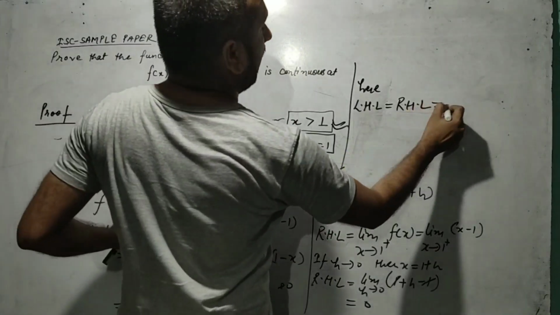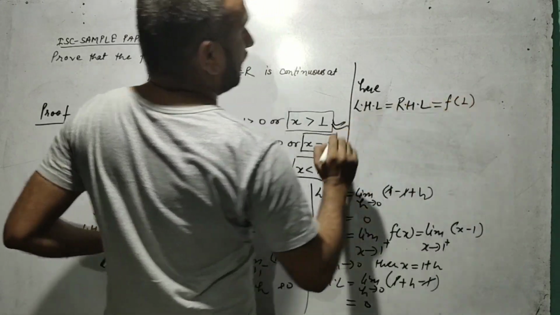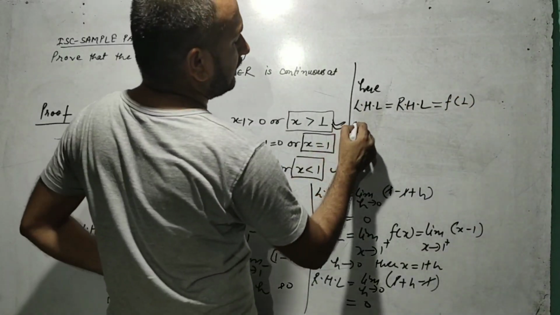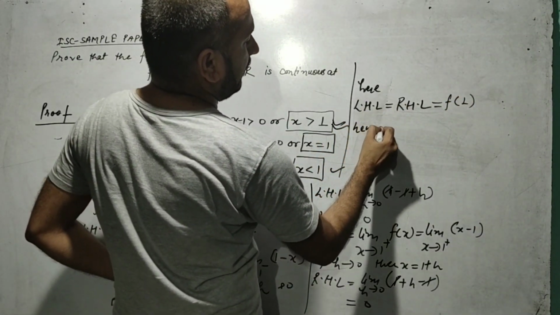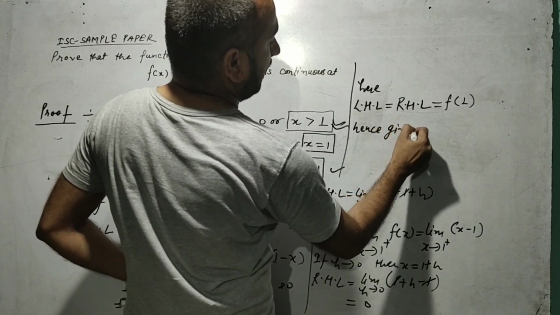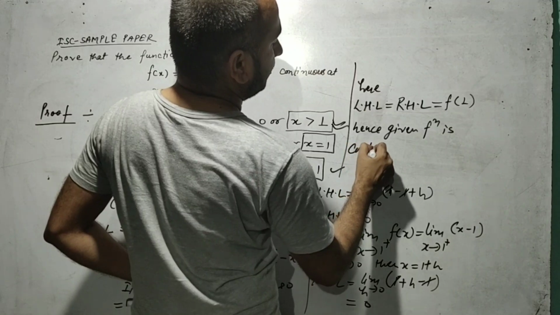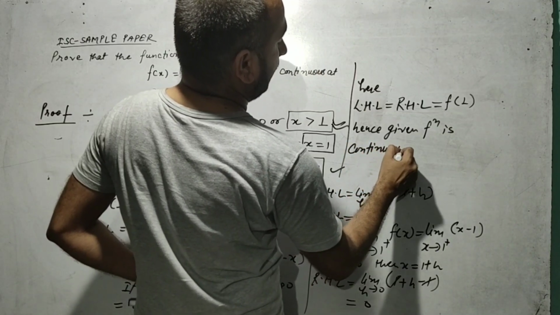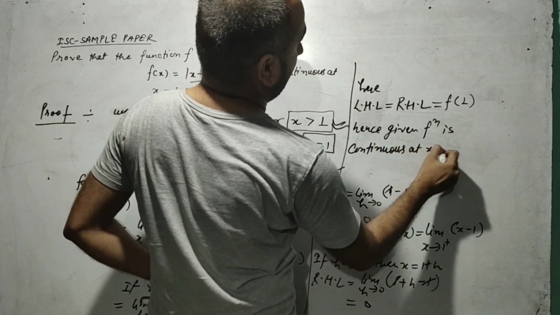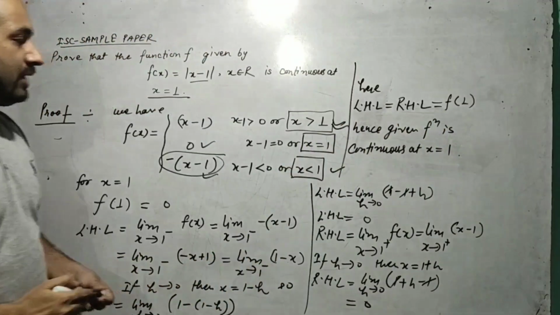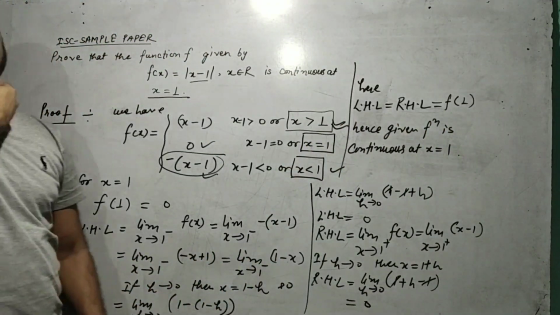So f of 1 is also 0. Hence the given function is continuous at x equal 1. Okay students, in this way you will solve the problem.